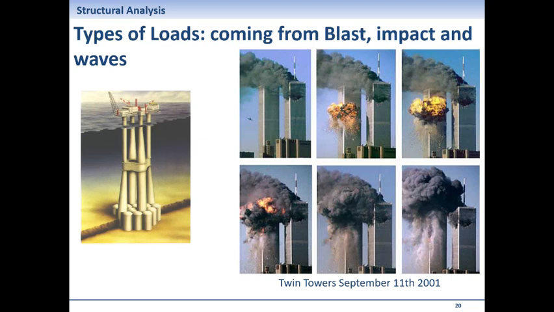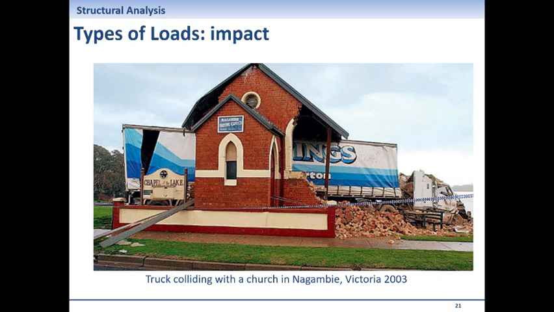But again, if you're designing a sensitive structure, like, as I said, a nuclear reactor, then you do actually design them for an impact coming from a jet just flying into the dome, because you don't want to have failure even in those extreme cases.